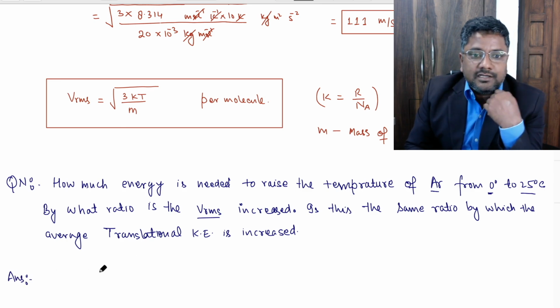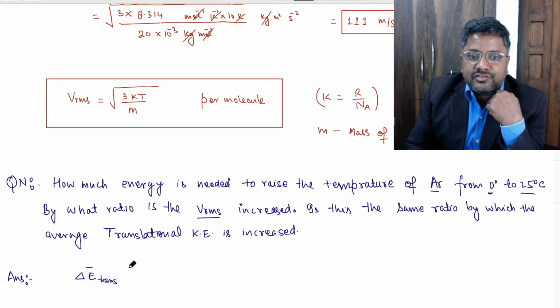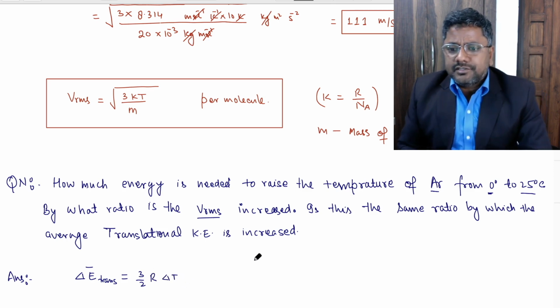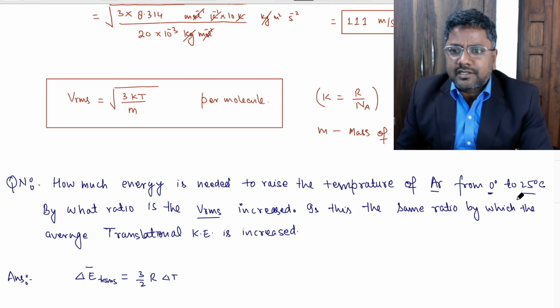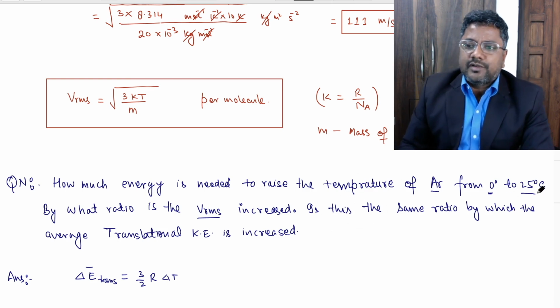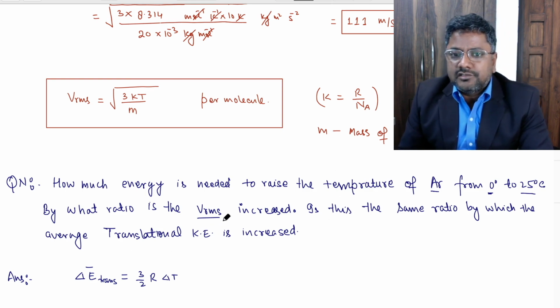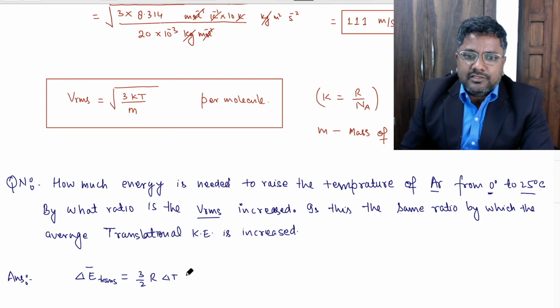So delta E, the average translational kinetic energy required, is equal to 3 by 2 R into delta T, right? If you want to raise the temperature from 0 degree Celsius to 25 degree Celsius, assuming that this energy is not consumed in any other way, you can use this formula.